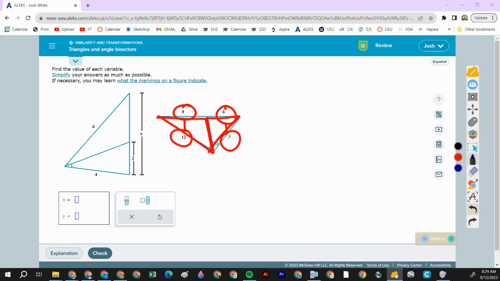Okay? So 9 over 12 is equal to 6 over y. Okay? Cross multiply. 9y equals 54. No, 72, sorry.